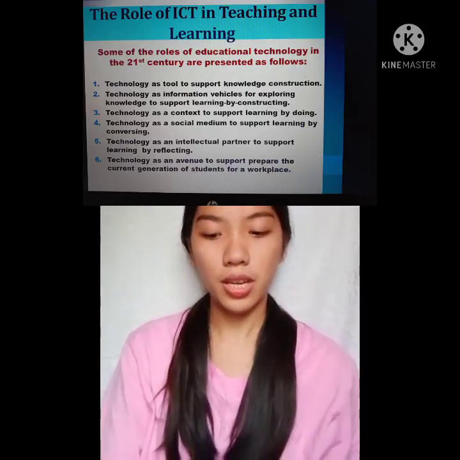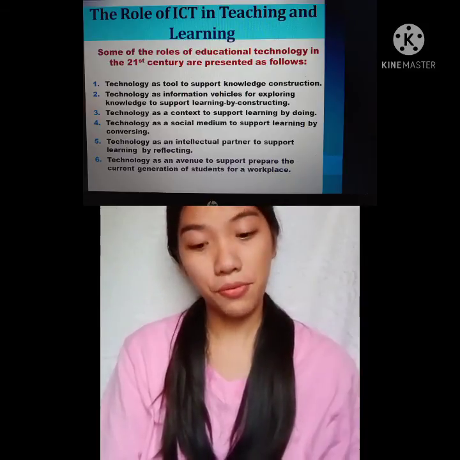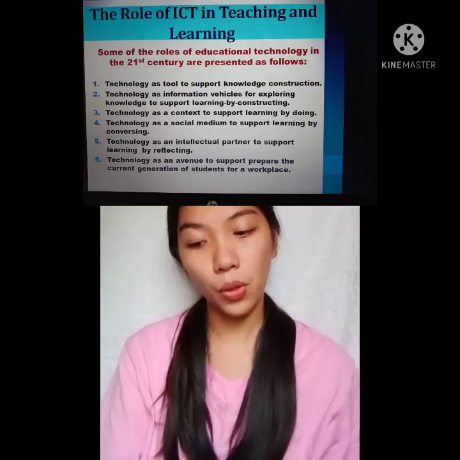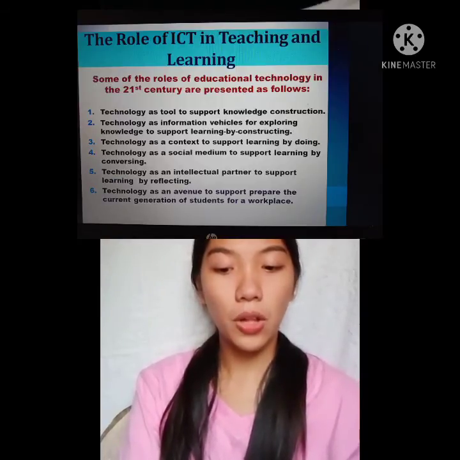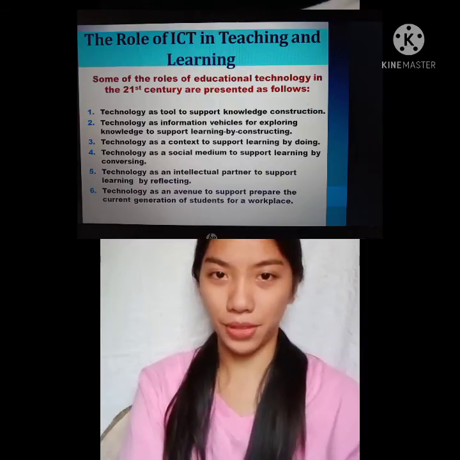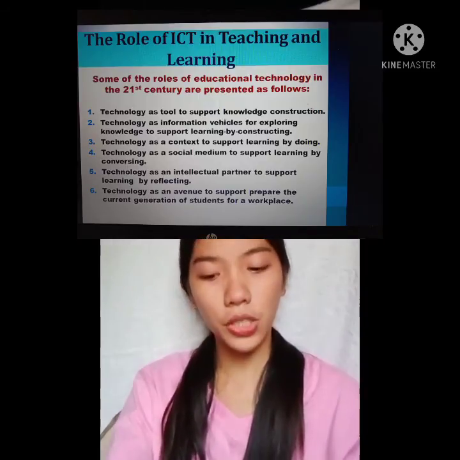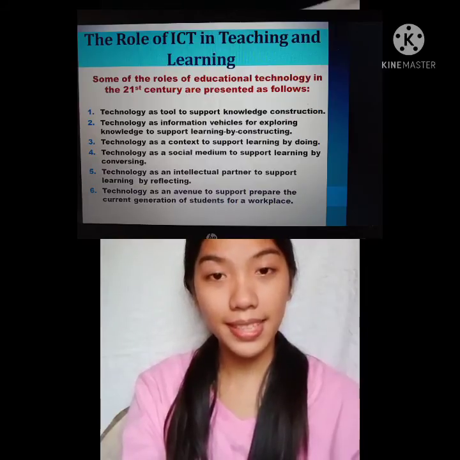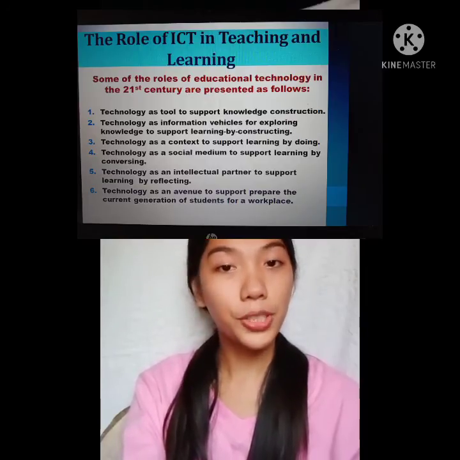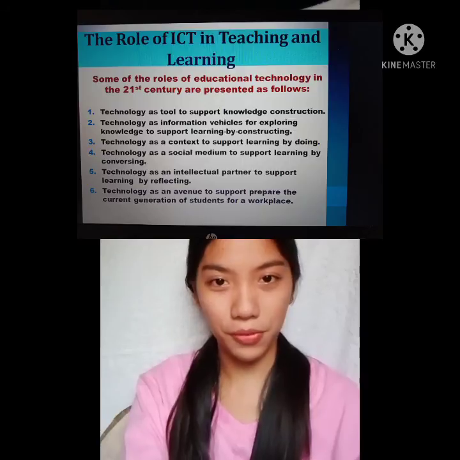The technology should be a medium to verify, examine, explore, and clarify the data given. The fifth role is technology as an intellectual partner to support learning by reflecting. The technology should help develop in the learner a critical thinking state of mind in order to support learning by reflecting.